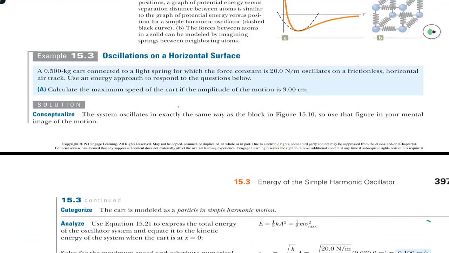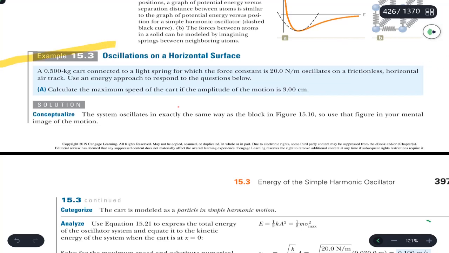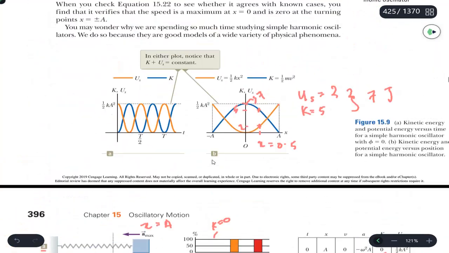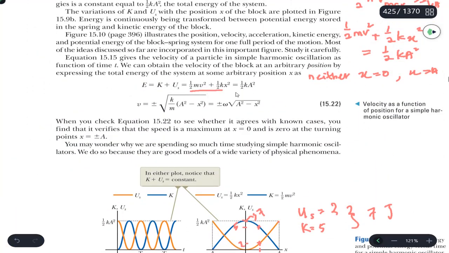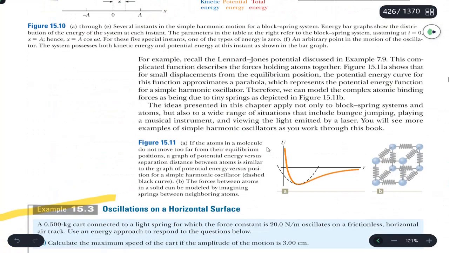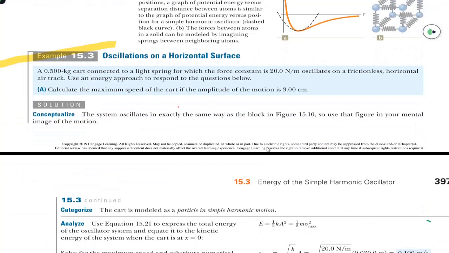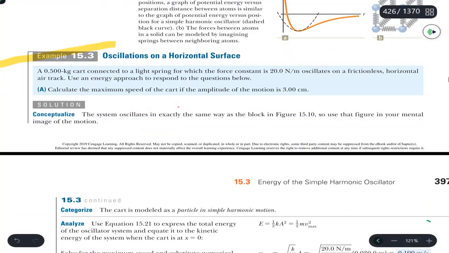Alright, let's turn to example 15.3. In this example, you are about to observe the usage of the expression you saw earlier: half kA squared, half mv maximum squared, or half mv squared plus half kx squared. Let's look at the question and identify the keywords. According to the question, there is a mass, which is a cart, connected to a spring, and that spring has a constant of 20 Newton per meter.